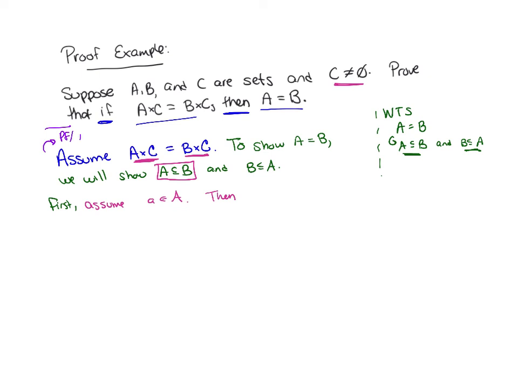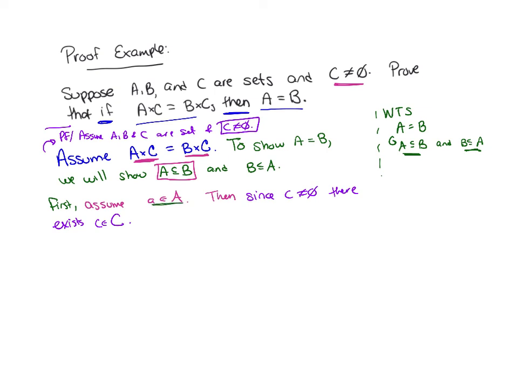So assume A, B, and C are sets, and C is not the empty set. So since C is not the empty set, there exists some element c in C.